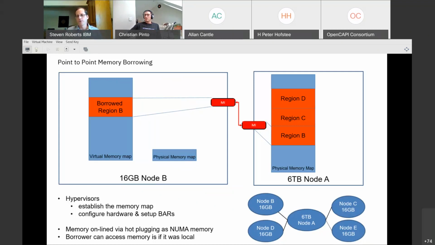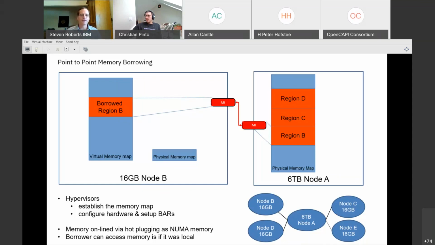And also, once this gets set up, you can think about it as a topology kind of represented here on the bottom right, where you have, in this case, a 6 terabyte node, which is sharing data with the smaller nodes B, C, D, and E, which only have 16 gigabytes. And so if a VM, for instance, on node B needs to grow beyond the 16 gigabytes, it can borrow from node A. And in this borrowing type of model, the processes on node A would be restricted from accessing that region.